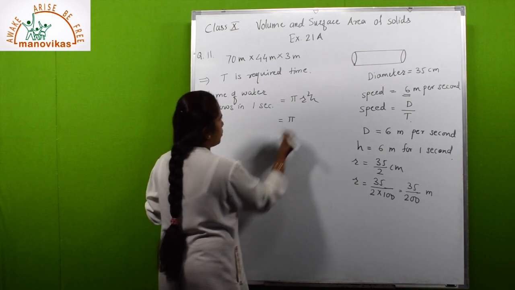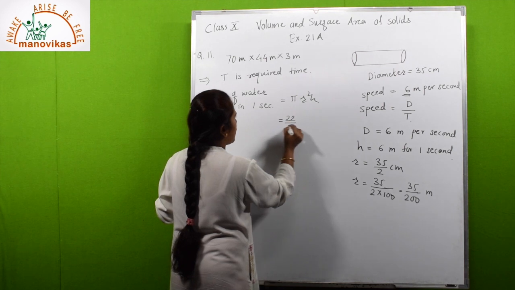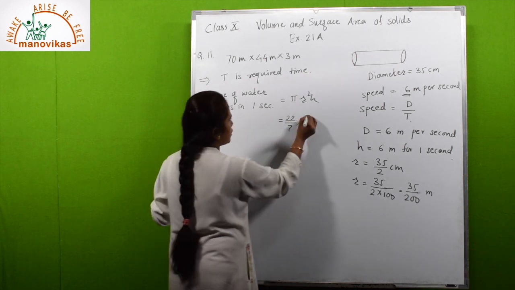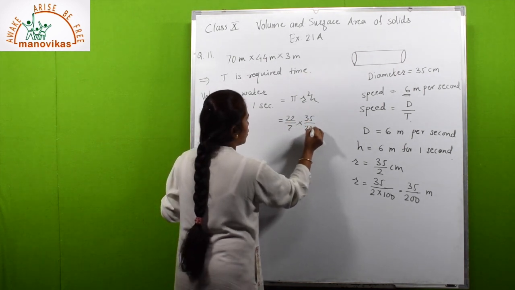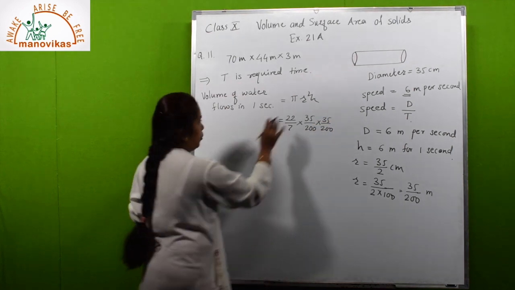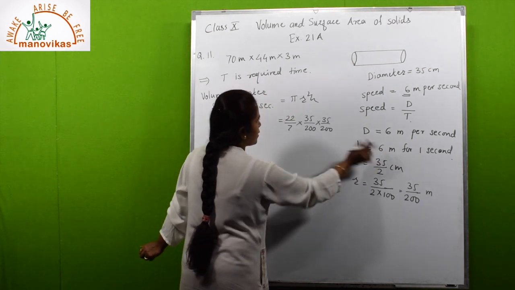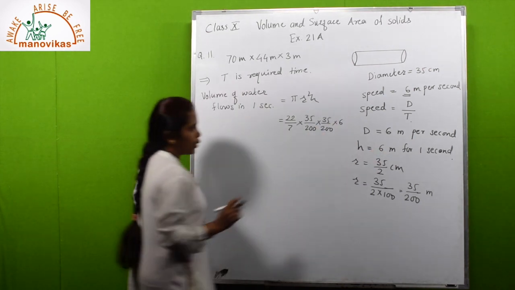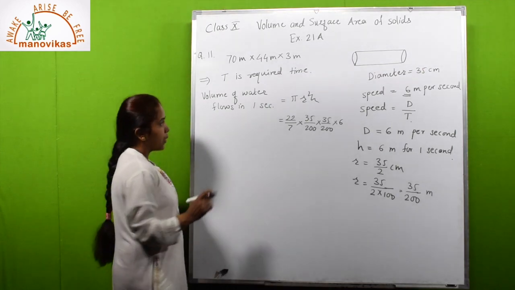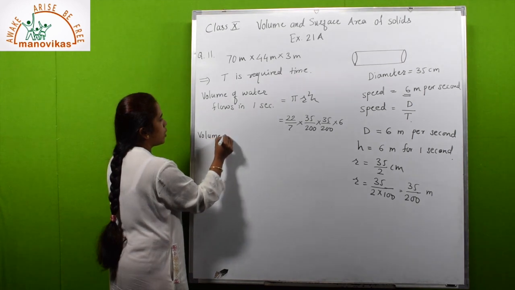which is equal to pi, that is 22 by 7, R value is 35 upon 200 into 35 upon 200. But for 1 second, what is the height? For 1 second it is 6, so into 6. For 1 hour, how to compare this?